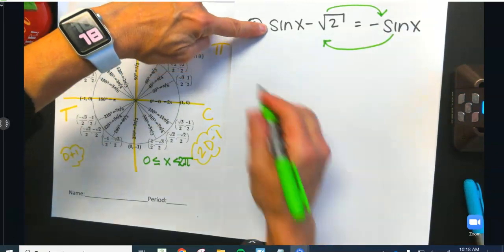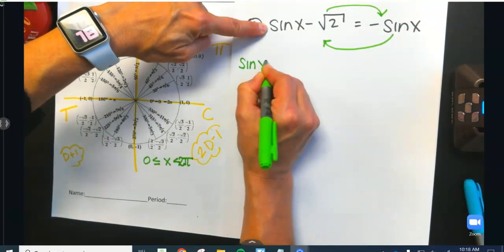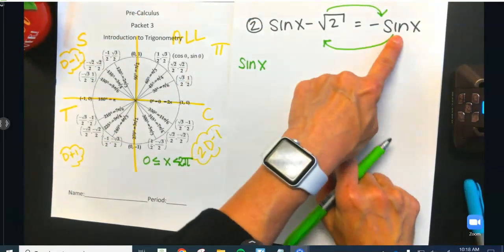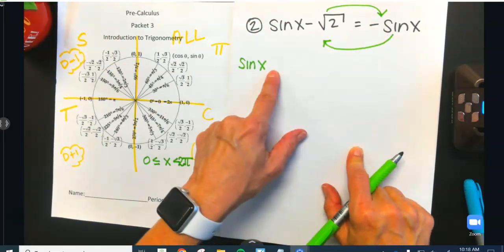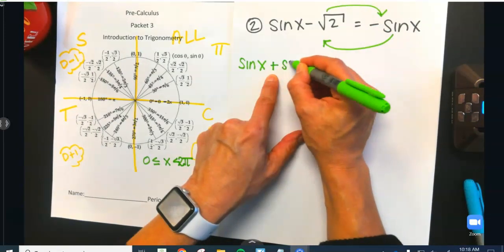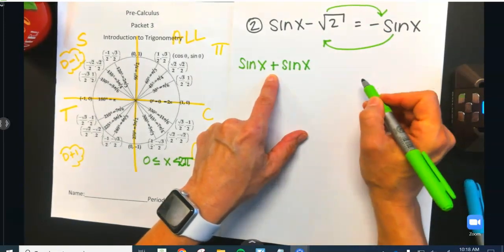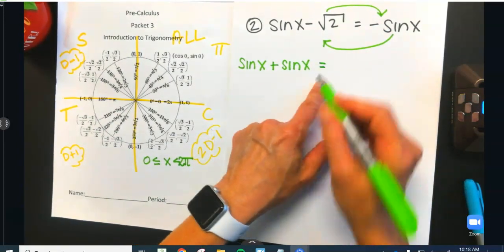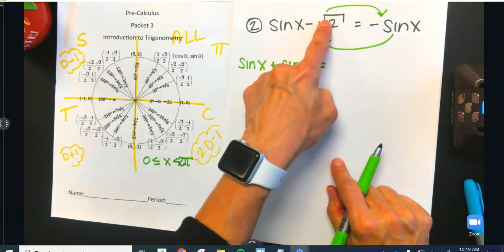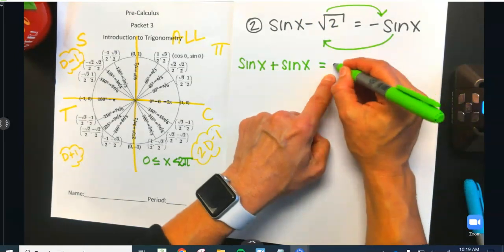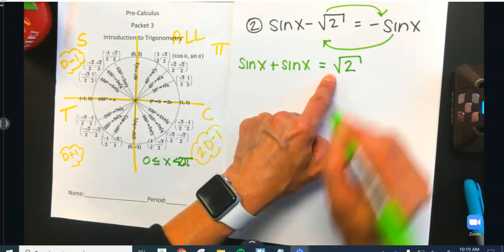So let me recopy the plain sine x that was already over here. I'm going to move that over. Remember, when you move it over, it's going to be positive. So you need to write plus sine x. Recopy your equal sign. And then remember, we're moving this negative root over, so write just a regular root 2 because it's positive over there.